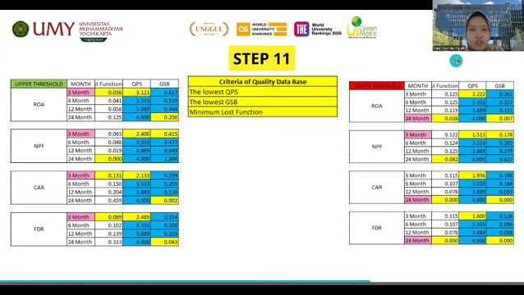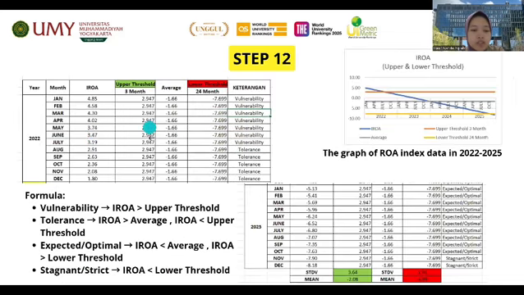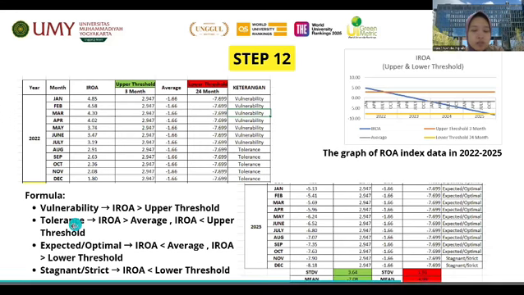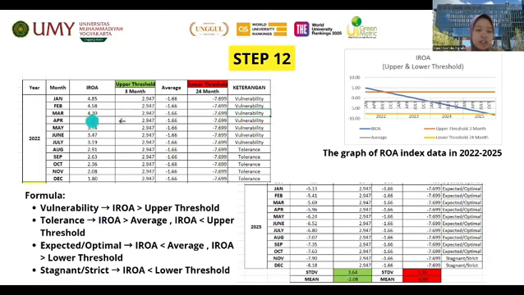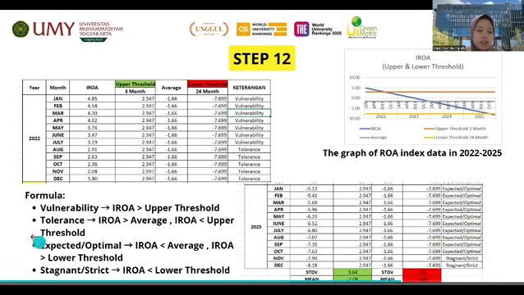And for step 12, the formula for vulnerability is ROA more than the upper threshold. For tolerance, ROA is more than the average and less than the upper threshold. For expected, IROA will be less than the average and ROA will be more than the lower threshold.